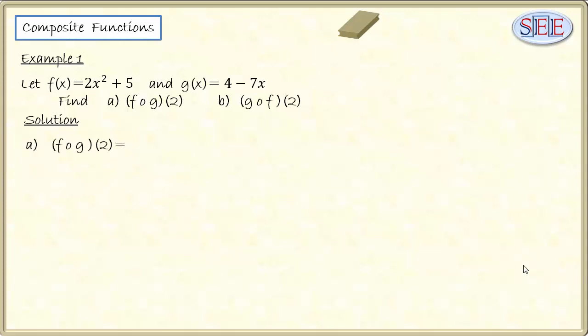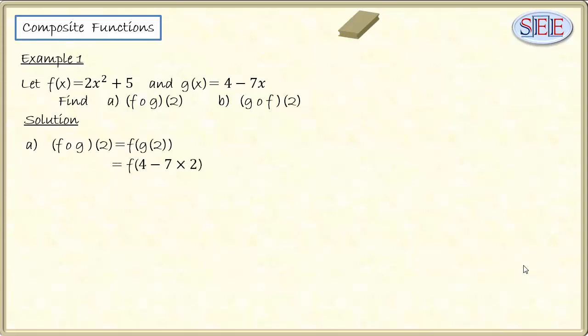f of g of 2 is nothing but, look at it, f first. So we have f of g of 2. You can see g of 2 in the bracket, it is the inner bracket, so we have to get g of 2 first. I will now get the image of 2 under the function g first.